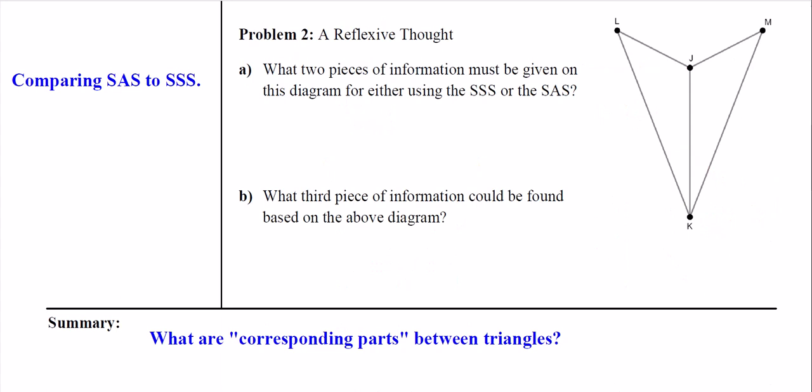So as we develop a better intuition for proofs, I wanted to take this opportunity to look at this picture and identify two things that I must know for sure in order to prove this thing.